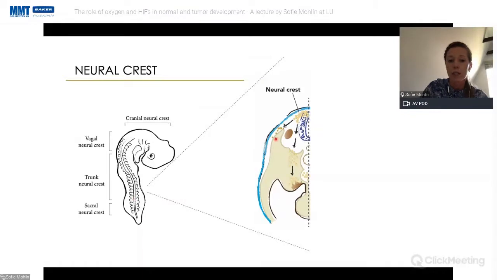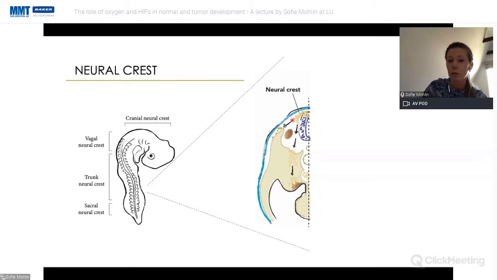Here you can see a transversal section of an embryo, and the blue that you see half of right now is the neural tube. The neural crest cells are located in the dorsal part of the neural tube until a specific time point in embryonic development, from where they start to delaminate from the tube and migrate.